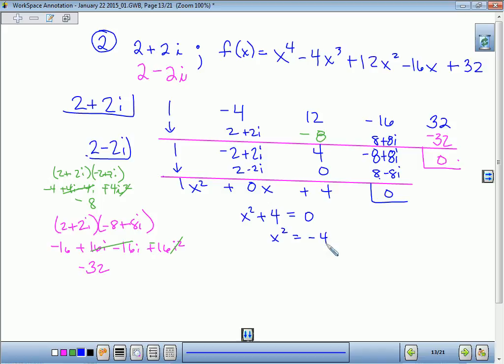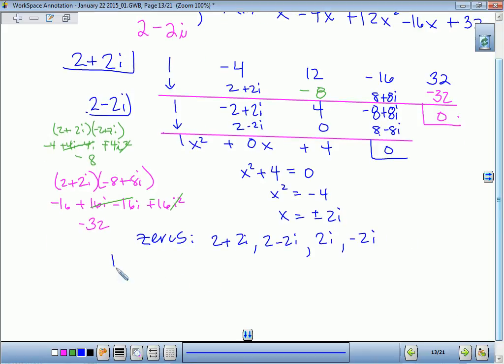And so you get plus or minus 2i, that's right. So my zeros are 2 plus 2i, which I was given, 2 minus 2i, which I knew from what I was given, positive 2i, and negative 2i.